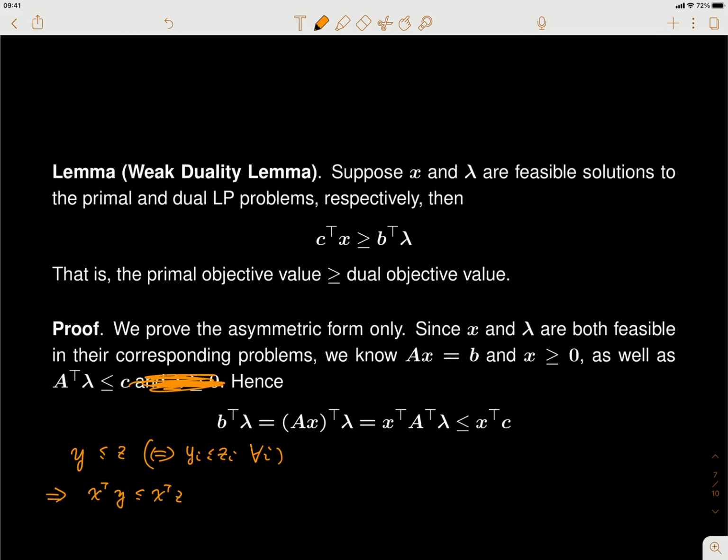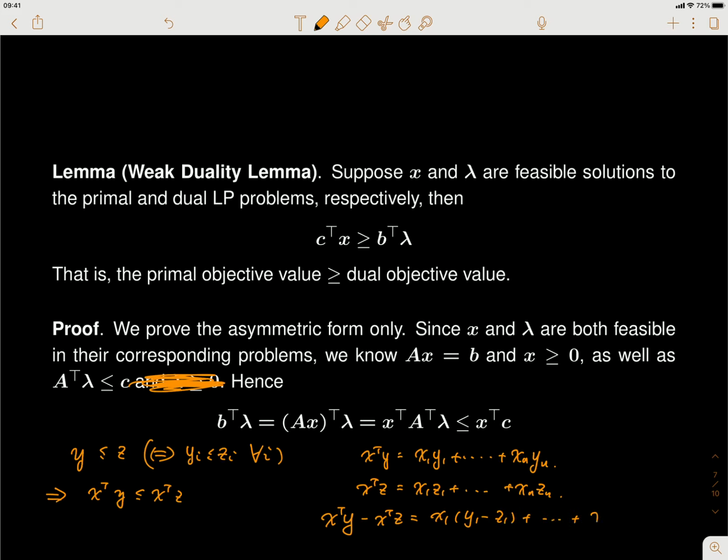The reason is that x transpose y is x1 y1 all the way to xn yn, and x transpose z is x1 z1 all the way to xn zn. Taking the difference, x transpose y minus x transpose z equals x1 times (y1 minus z1) plus all the way to xn times (yn minus zn).